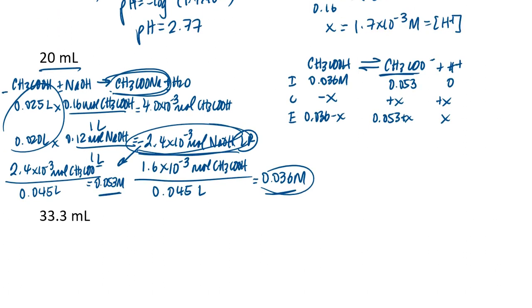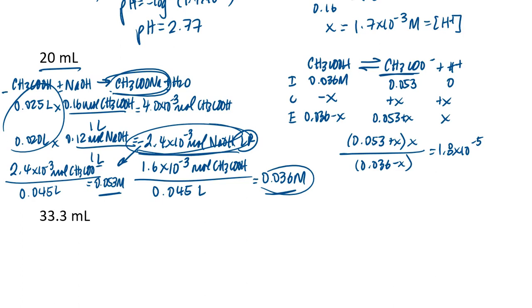Okay, and so if I go ahead and work out that math, plugging this into our expression for the equilibrium constant, or the dissociation constant for acetic acid, I get this over 0.036 minus x, and that's going to equal 1.8 times 10 to the negative fifth.